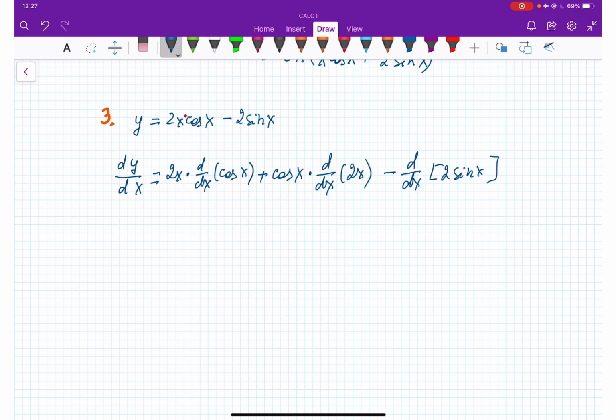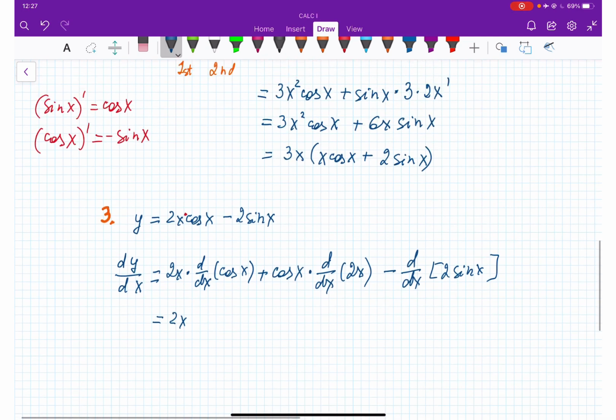So that's going to be equal to 2x multiplied by the derivative of cosine x, which we mentioned here is negative sine x, right? Plus cosine x. The derivative of 2x is going to be 2, right?